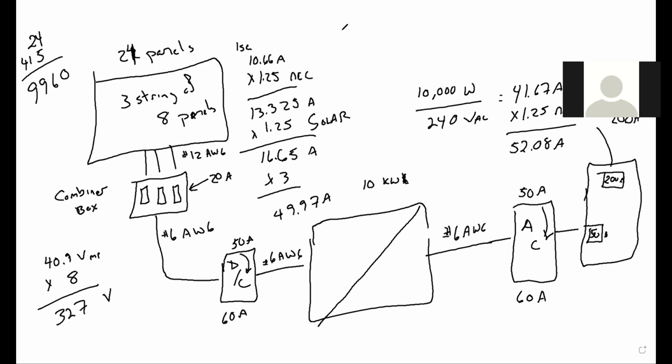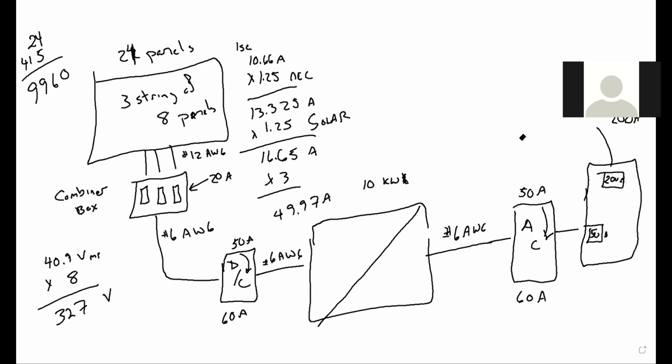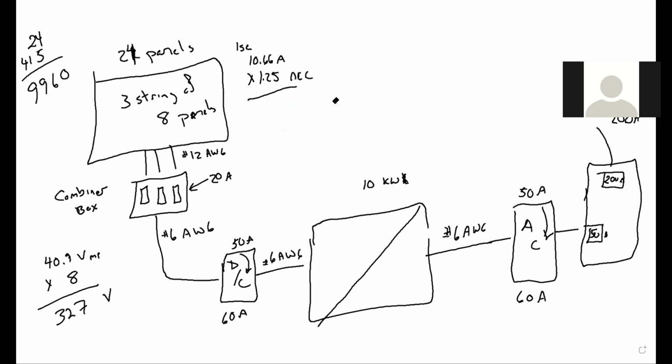I'm going to erase some of this math here so that I can draw up in here and give you some calculations. I'll get rid of all of these over here too, just to get rid of some of the confusion. Okay, so the 120% rule says that if the bus bar is rated for 200 amps or 100 amps or whatever, we can actually come in with up to 120% of its rating.